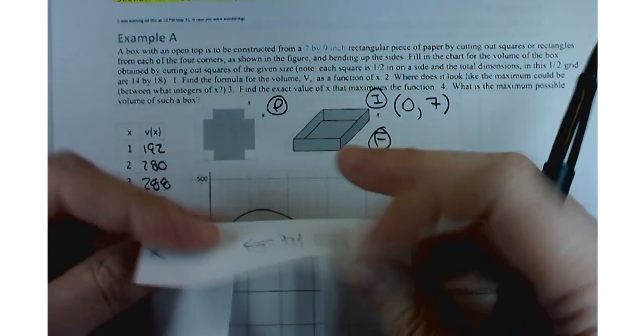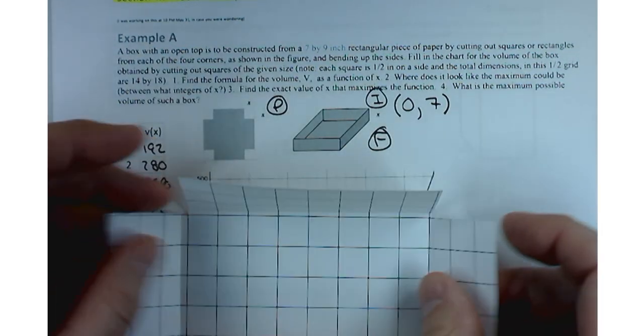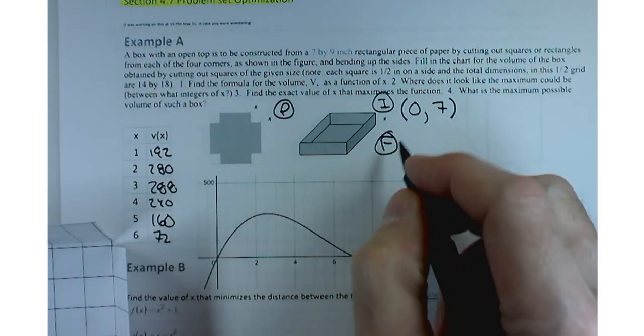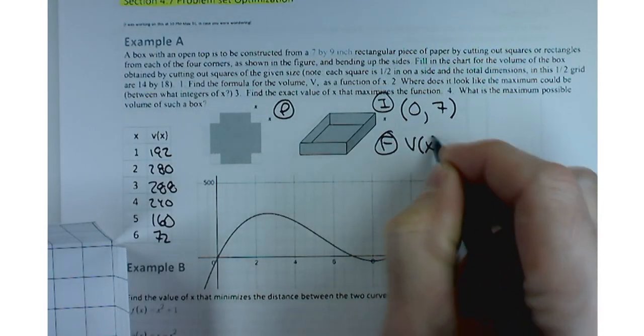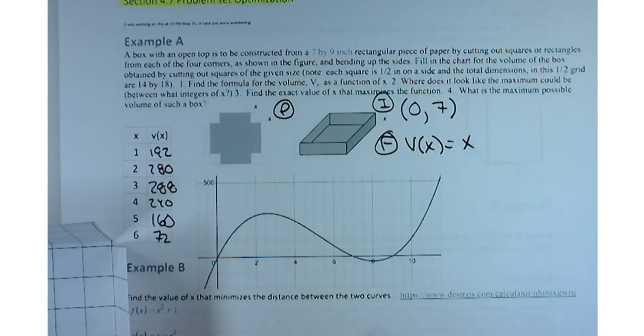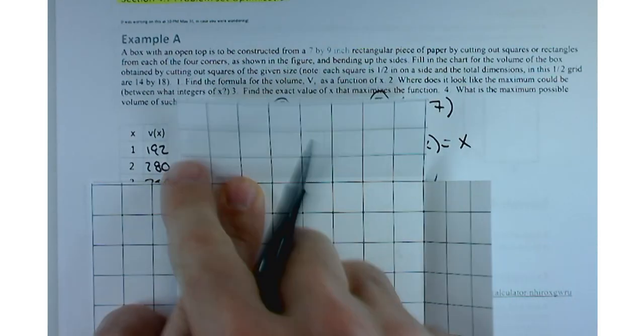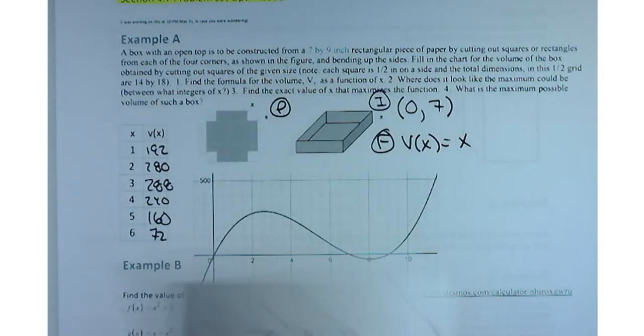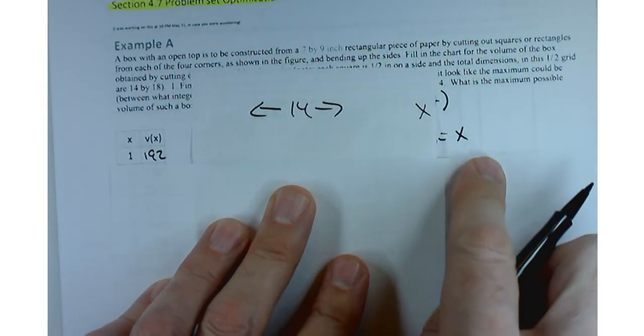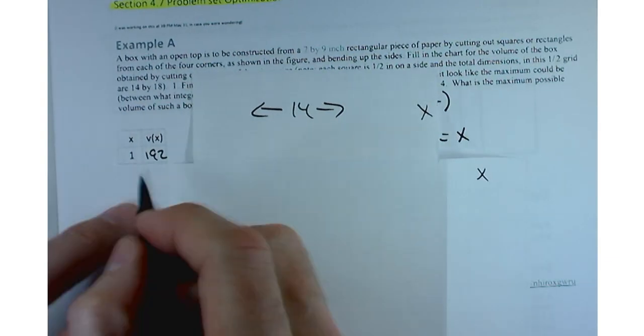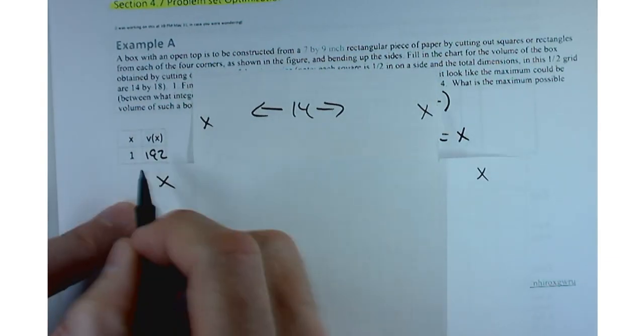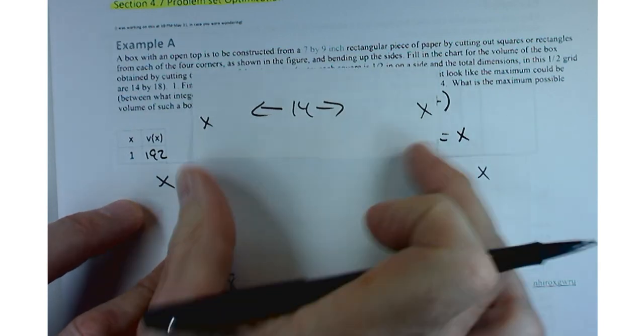The volume is going to be the height. That height is going to turn out to be an x. So V of x is going to be an x. How much is left for the width? If I cut out x this way and x this way, how much is left for the width?